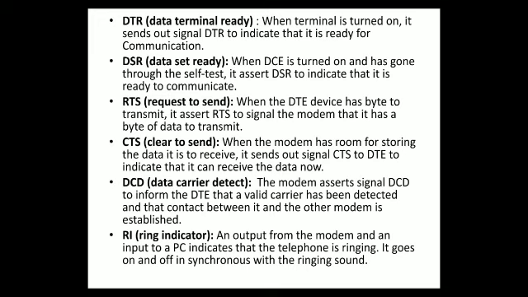But unless the receiver is ready, the data will not be sent. To inform this, the DCE device sends a signal called CTS, clear to send, indicating that I am ready to receive data and I am free. Please send me your data. That is called CTS.